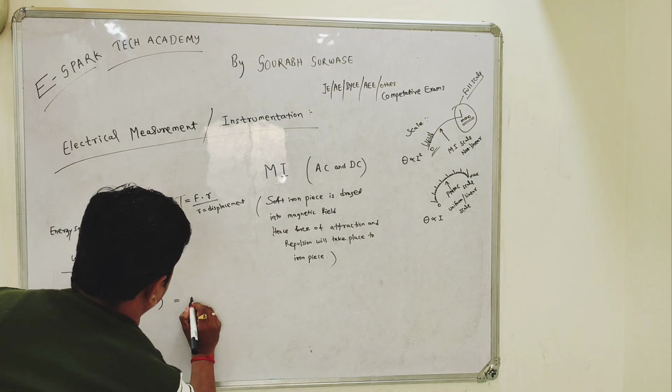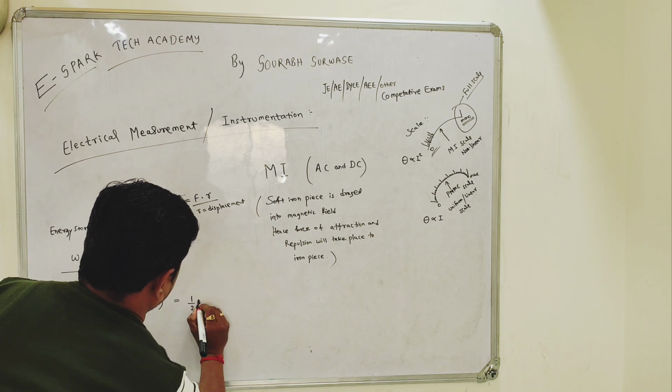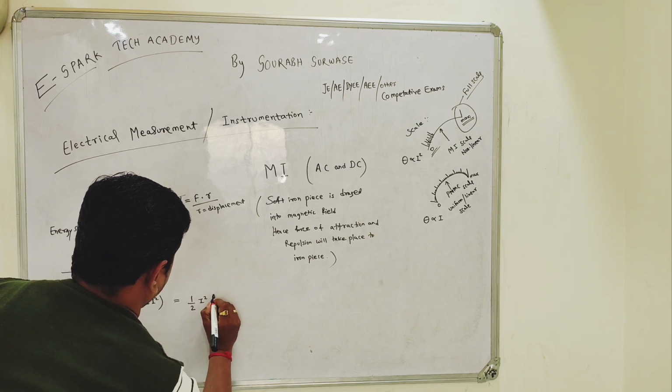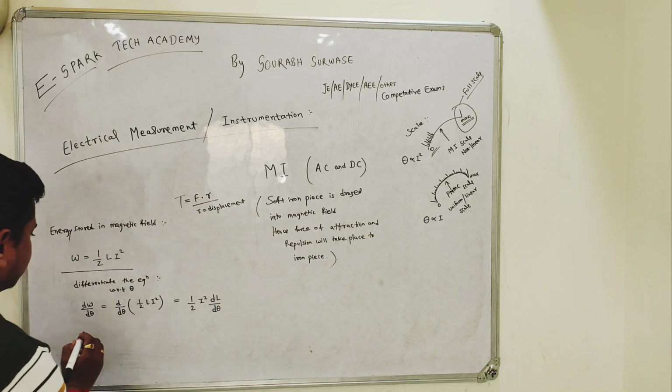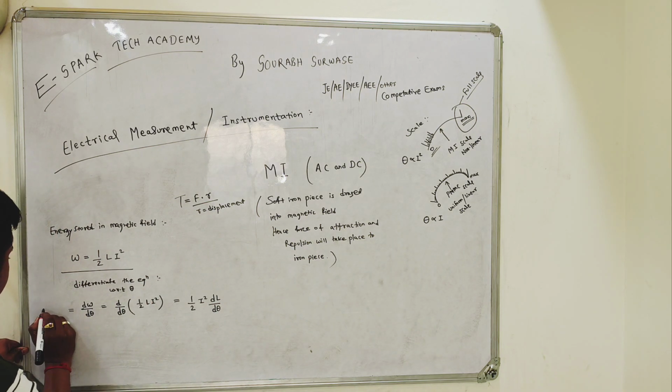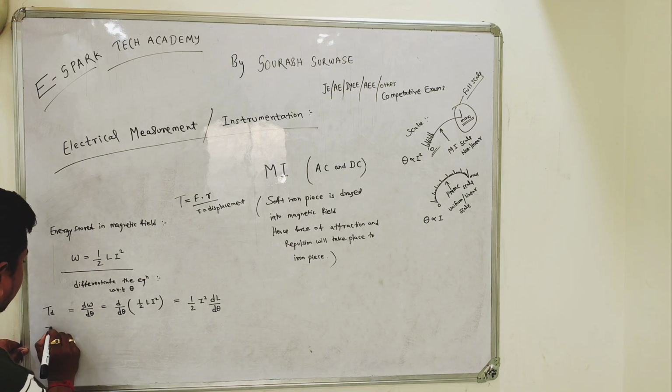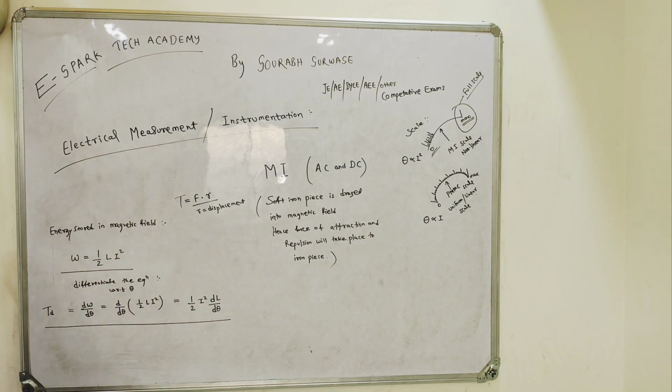The same will be written as half I square dL by d theta. This is nothing but the equation for deflecting torque. A mechanical torque is nothing but rate of change of stored energy with respect to angle.